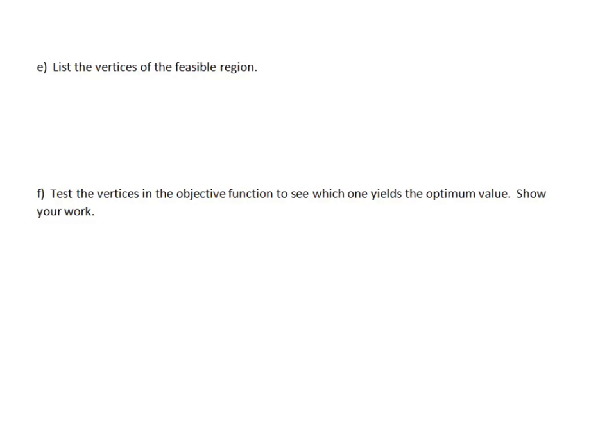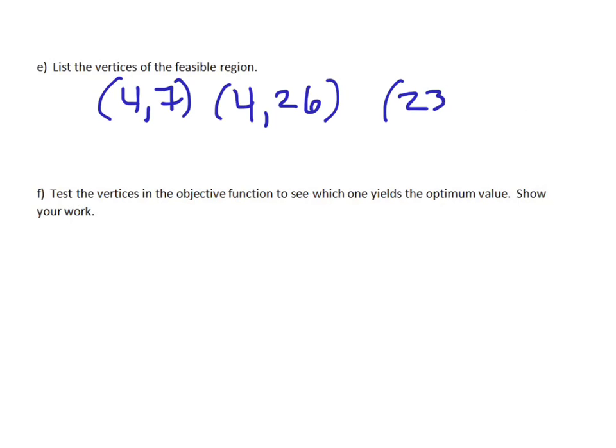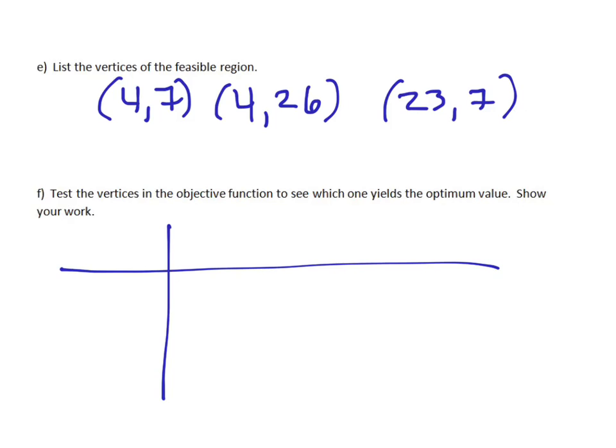Okay, list the vertices of the feasible region. So we have 4, 7, 4, 26, and 23, 7. And then I need to test these vertices in the objective function to see which one yields the optimal value. I'm testing each point in that function for donations, which was 3x plus 5y.